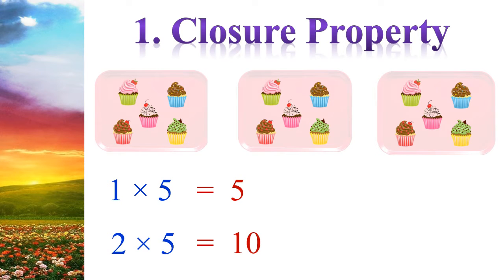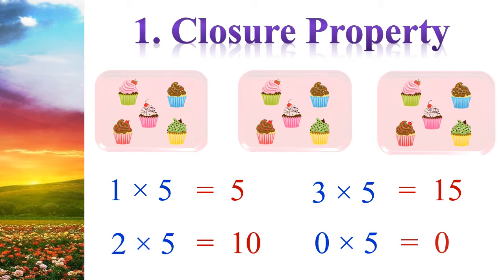Next, the number of cakes for 3 trays. So 3 multiplied by 5, we get 15. Next, the number of cakes for 0 tray. So now we multiply 0 and 5, we get 0.